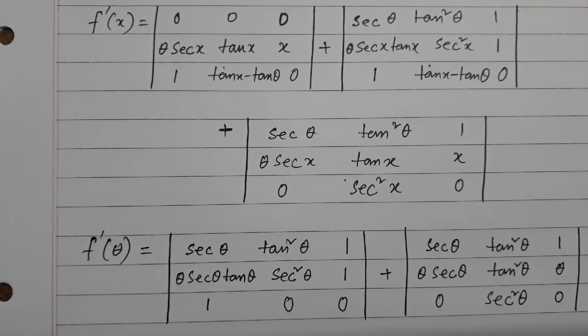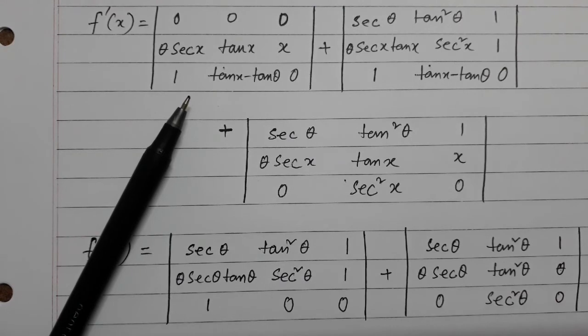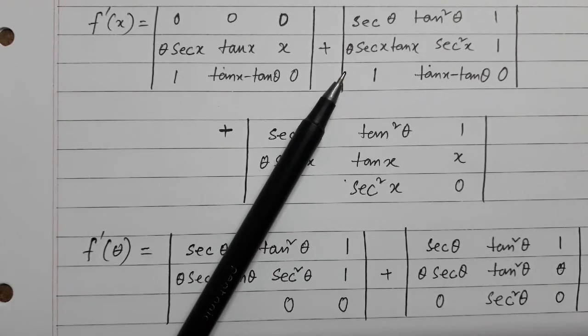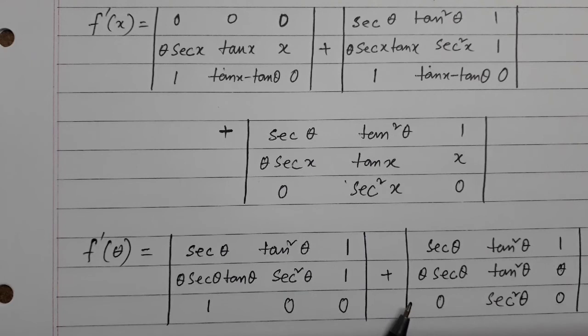Now if we put theta in place of x, we get this result. In this first determinant, if we put theta or not, the value of the determinant will be 0, because that entire row is 0. Now after putting theta in place of x, we get this determinant from the third determinant.